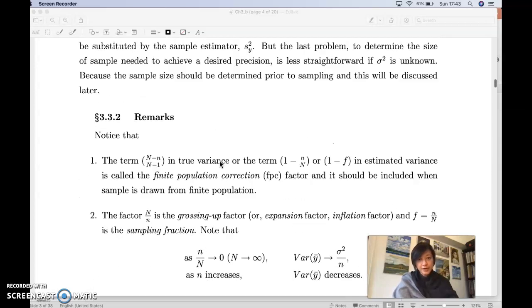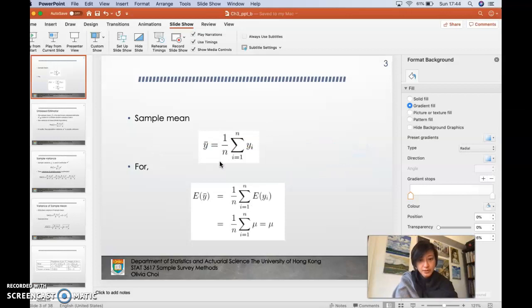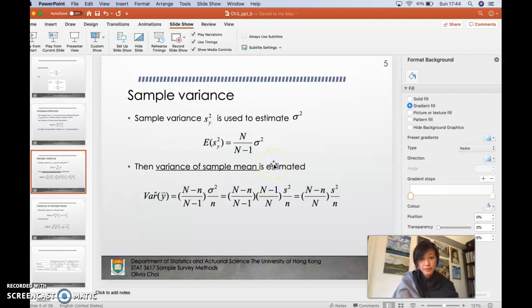Okay, so looking at the variance equations, if I have the variance equation with me, that helps. This is the true variance of y bar under the finite population case. So that is equal to sigma squared over n multiplied by the finite population correction factor. If sigma squared is unknown, then we use the estimate of the variance of y bar.